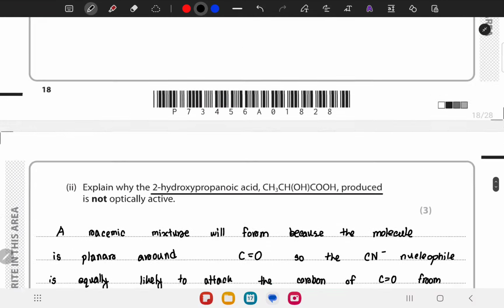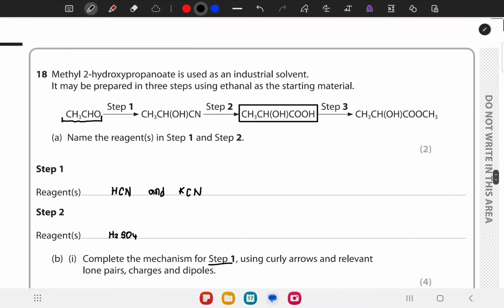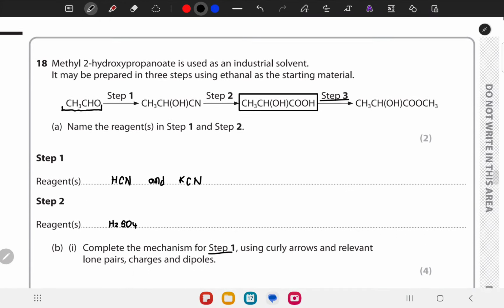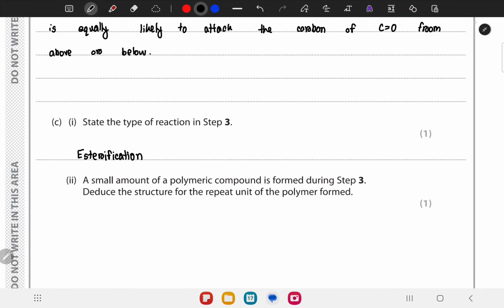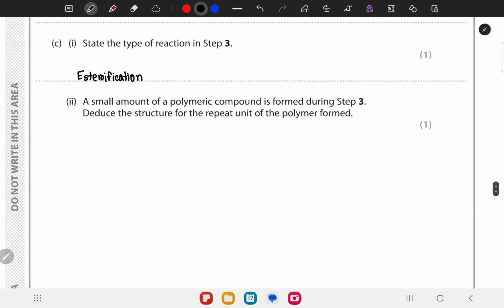Now in part C1 we have to state the type of reaction in step 3. Here we go from a carboxylic acid to an ester, so this is an esterification. Now in C2 we are told that a small amount of polymeric compound is formed during step 3. We have to deduce the structure for the repeat unit of the polymer.